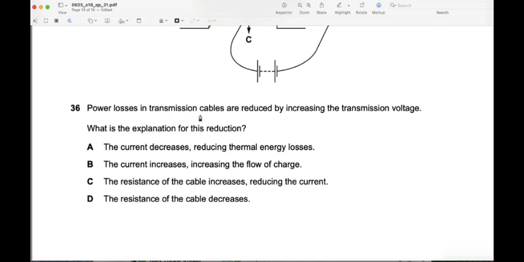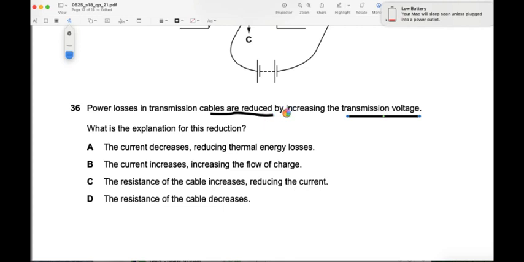If you want to reduce your power being lost, you increase the transmission voltage. We step up the voltage. We've measured this before. You have to step up the voltage to a big value, to 440,000 volts, in order to reduce the loss in transmission.